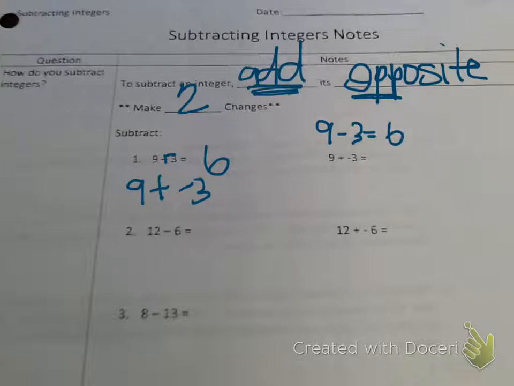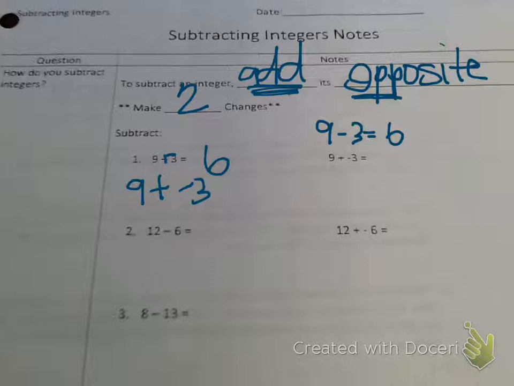It's not really an integer problem that is all that difficult. But if we think of all of our subtraction problems as addition problems, then we automatically know how to solve them.